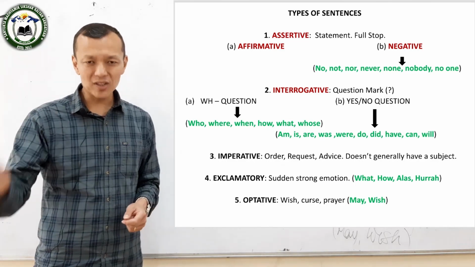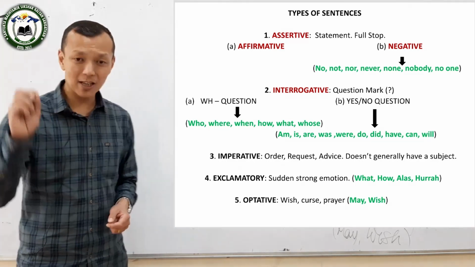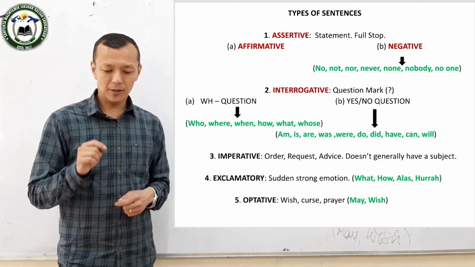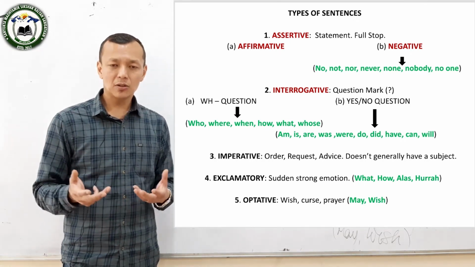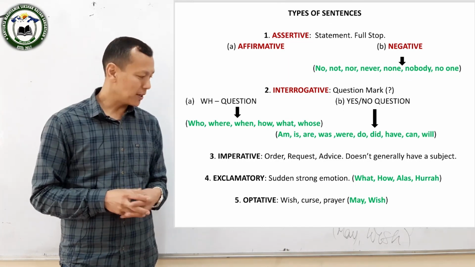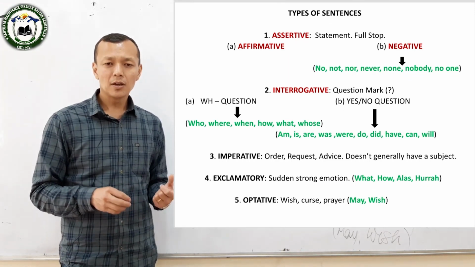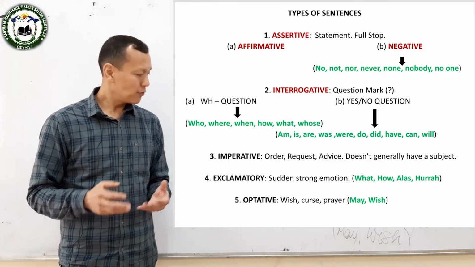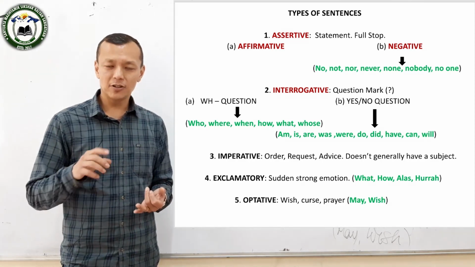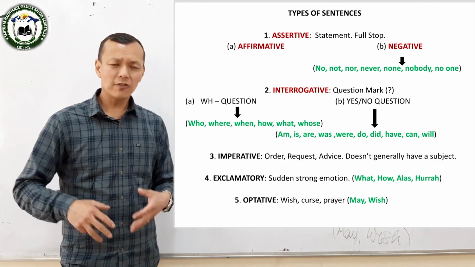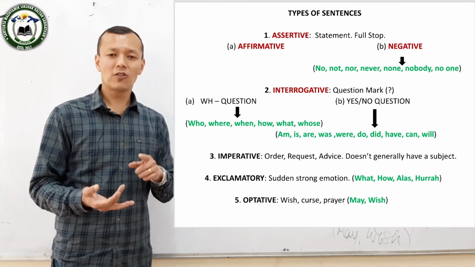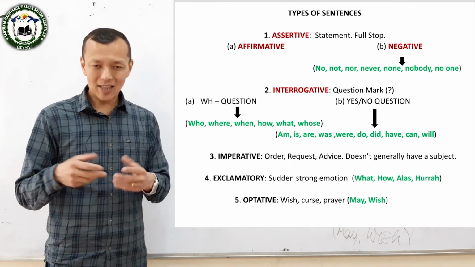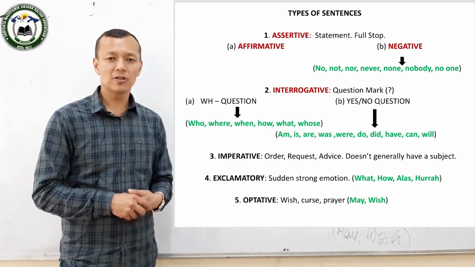Exclamatory sentence ends with an exclamation mark, last मा exclamation mark हुनु पर्यो त्यहाँ अनि exclamatory sentence कहिले प्रयोग हुन्छ भन्दाखेरि when you want to express very sudden and a very strong emotion, when very suddenly you become angry or happy or sad, that is when we use an exclamatory sentence.